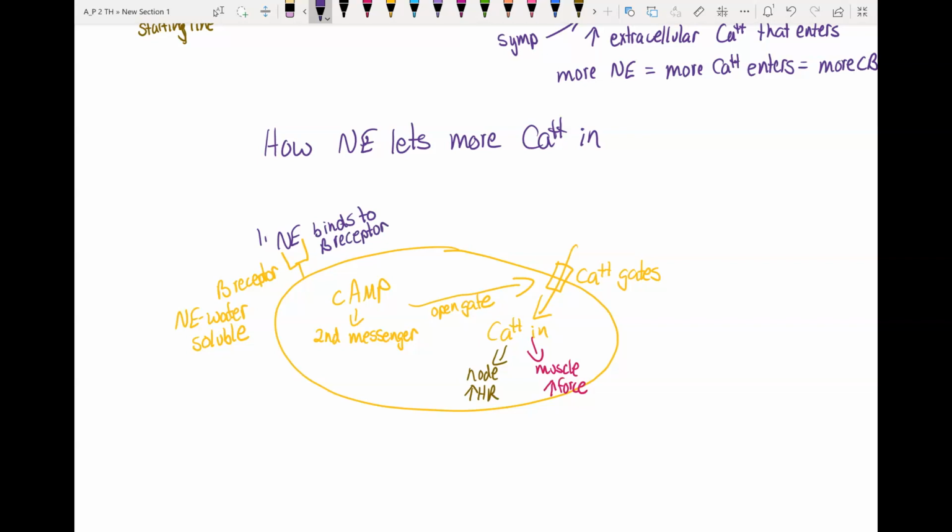Step 2 is that then activates the cAMP, the second messenger. Then step 3 is the cAMP opens the calcium gate.